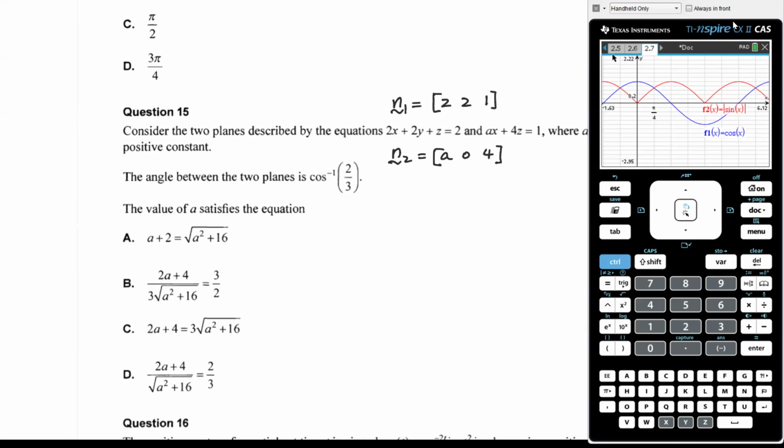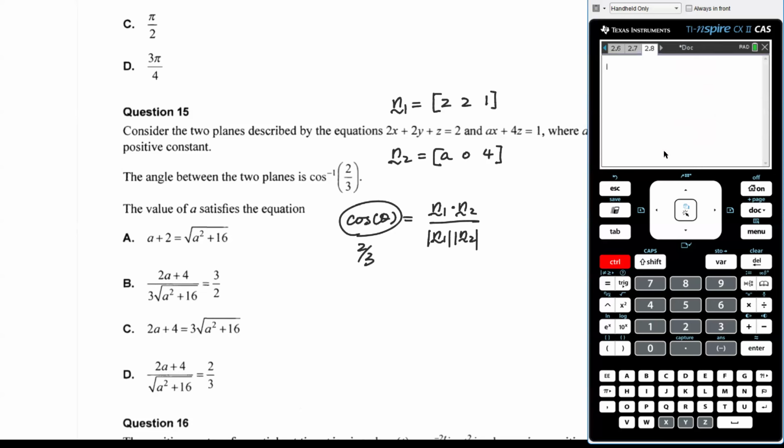Now, the angle between the two planes is given by cosine theta equals to n1 dot n2 divided by magnitude n1, magnitude n2. We can use that, this is a 2 over 3, and get an equation to check each option.